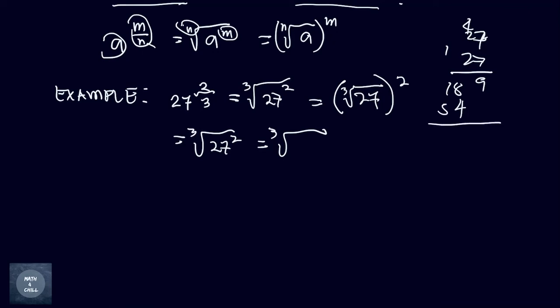That is equal to 729. So pila man ang cube root, that is equal to cube root of 729 is equal to 9.